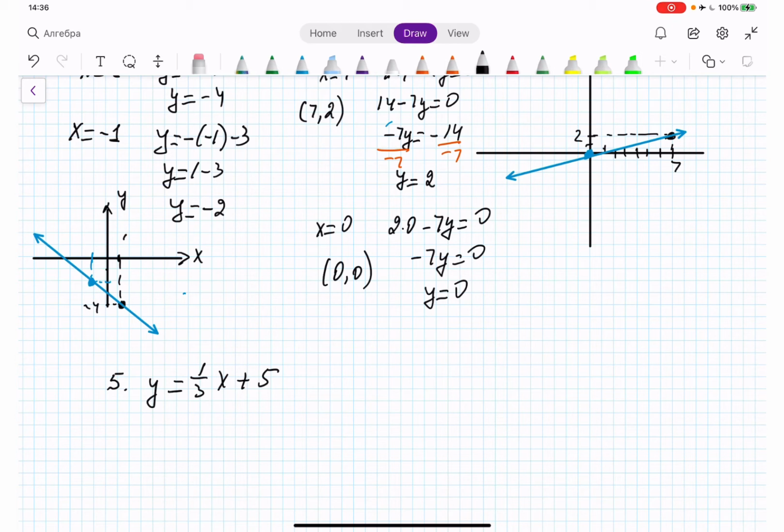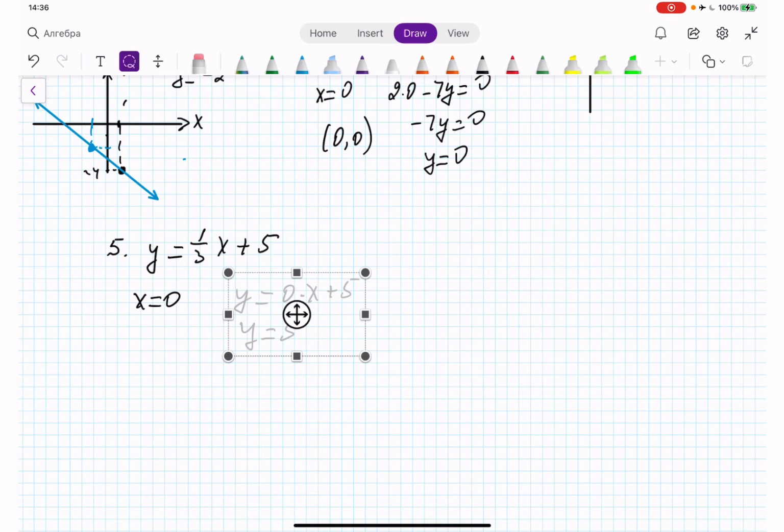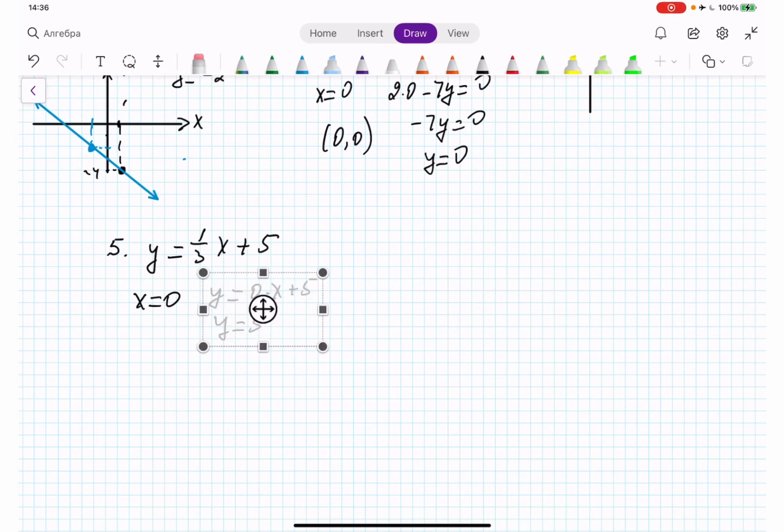So first I'm taking x is equal 0 because I get rid of the fraction, right? So y will be equal, hold on, y will be equal 0 times x plus 5, which is y is equal 5. Yes? Okay. So first coordinate we are getting 0 and 5.